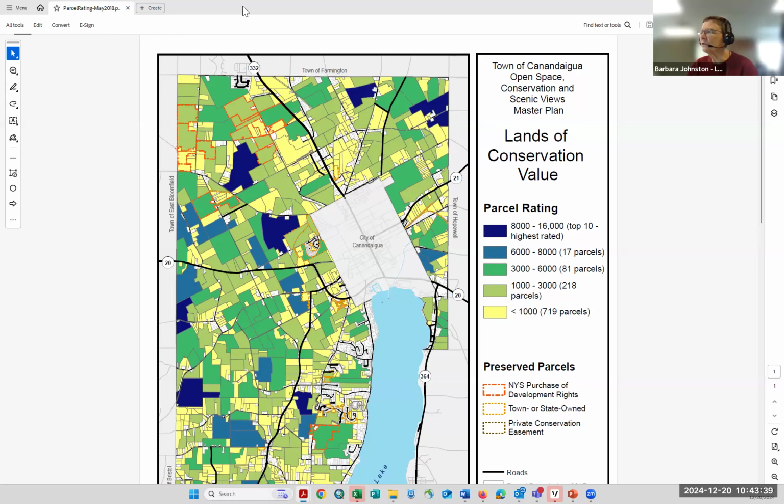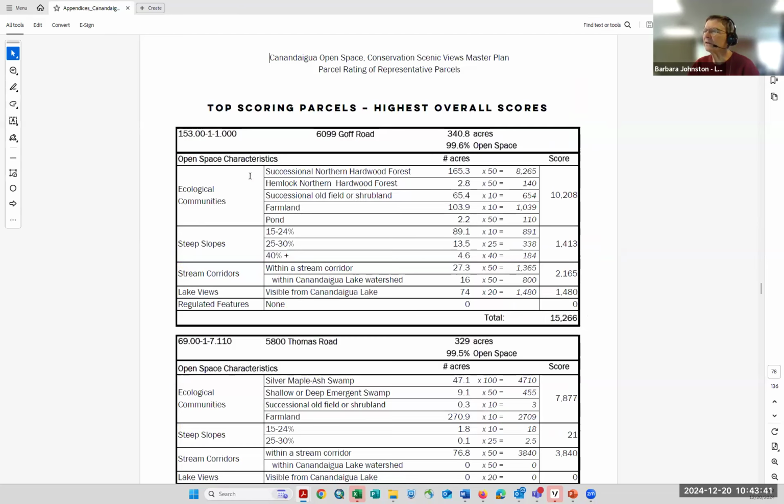If I show you the spreadsheet for these highest ranked parcels, you can see it has a lot of forest land. It got all of this forest, the number of acres times 50. It has steep slopes, streams, and lake views. That's how it ranks so high.